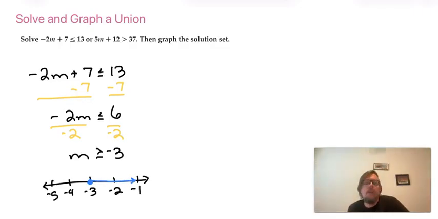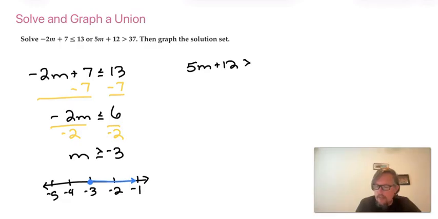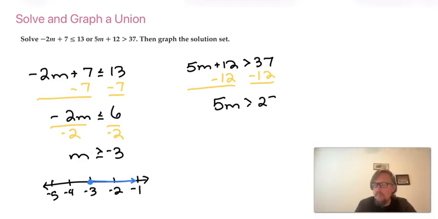There's the first one. Let's take a look at the second one, which is 5m plus 12 is greater than 37. Same thing as the first one, it's a two-step problem. We're going to start off with the subtraction property, so we'll subtract 12 on both sides. That's going to give us 5m is greater than 25.